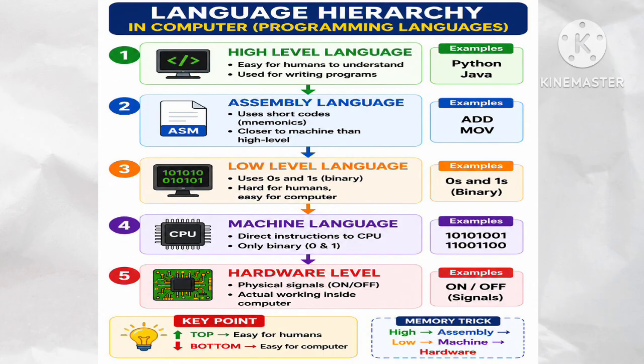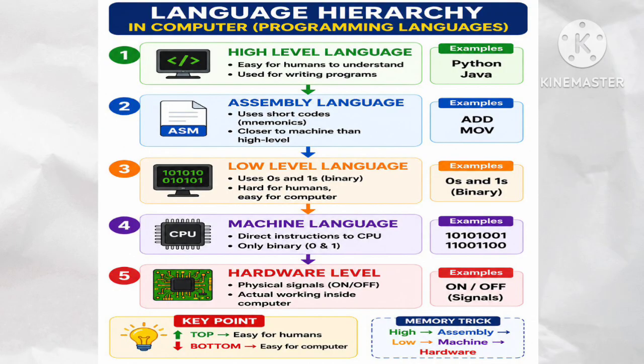Let us see language hierarchy in computers. 1. High level language. It is easy for humans to understand and use for writing programs. Examples: Python, Java. 2. Assembly language. It uses short codes, mnemonics. It is closer to machine than high level. Examples: ADD. 3.